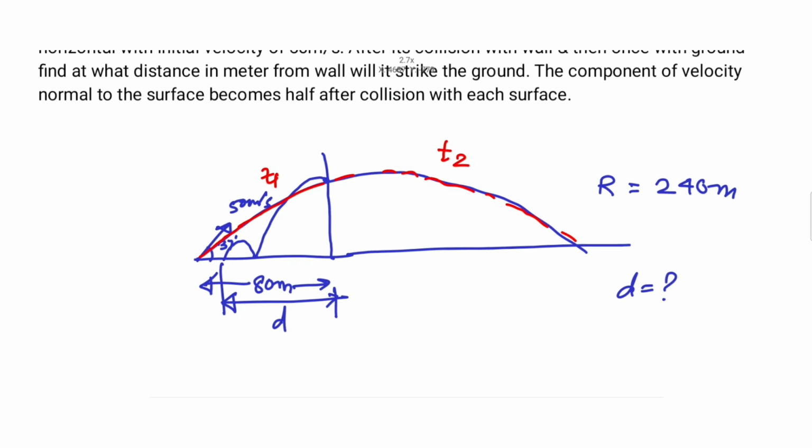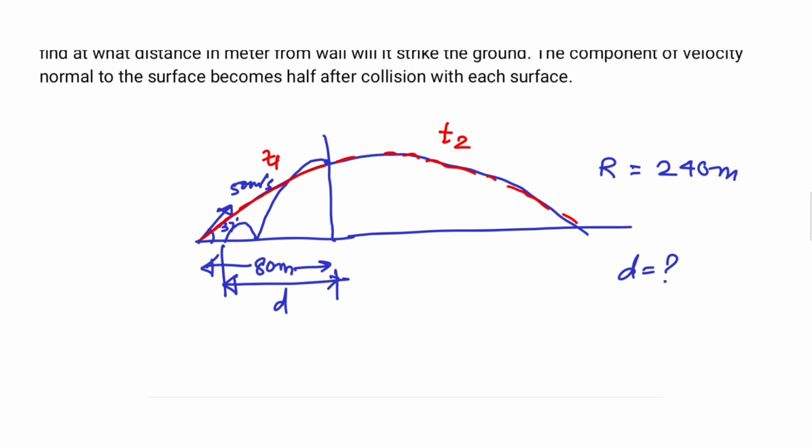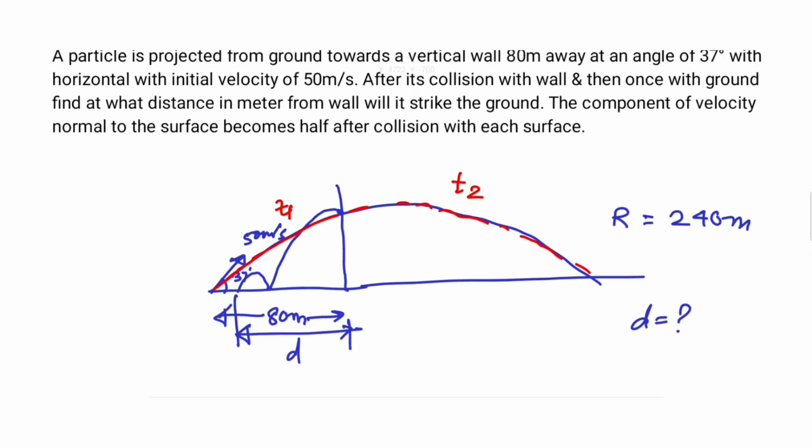Now observe one thing very carefully: due to the presence of the wall, the component of velocity along the y direction does not change. So when we are analyzing the motion along the y-axis, the presence of the wall makes no difference.